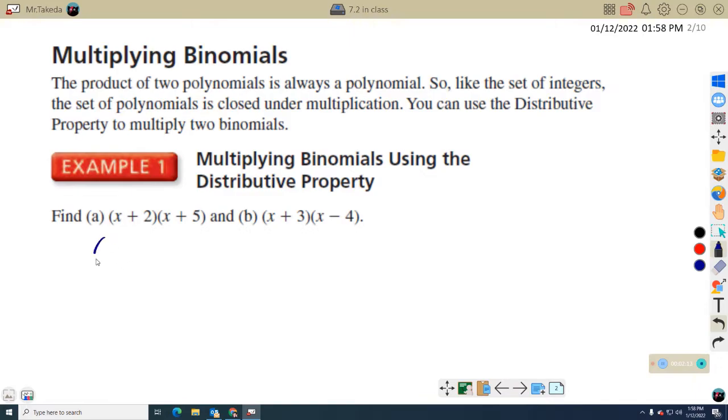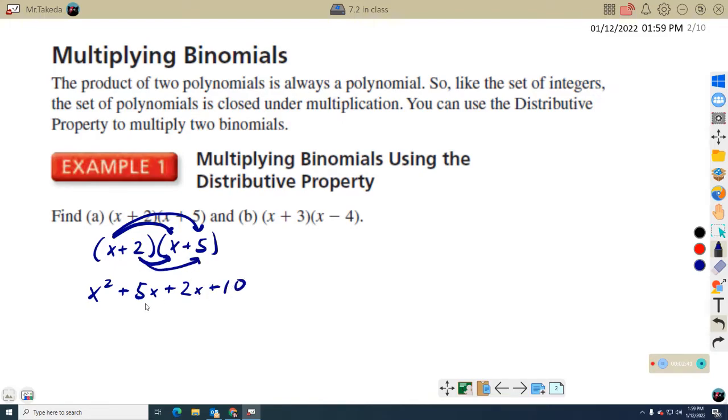My first example, x plus 2 times the binomial x plus 5. Okay, I'm going to multiply the x times x. I get x squared. I'm going to multiply x times 5, I get 5x. Then I start with a 2. 2 times x, 2x. 2 times 5, 10. Then I collect like terms. Well, first of all, let me say this.